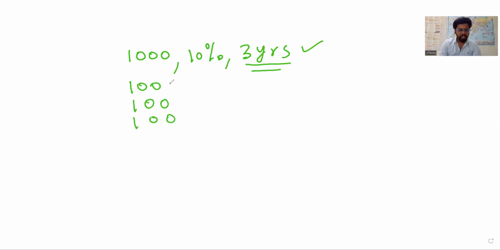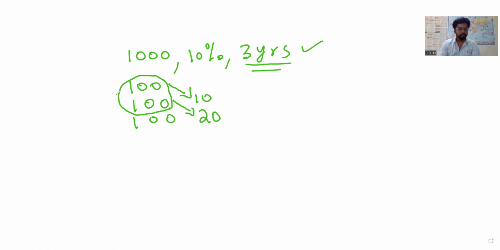Then same step as the earlier case, you need to find what is 10 percentage of this 100. It is 10. Then you need to write what is 10 percentage of this value. This is 100 plus 100, 200. What is 10 percentage of 200? It is 20.